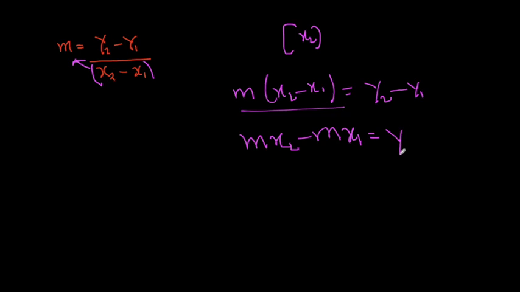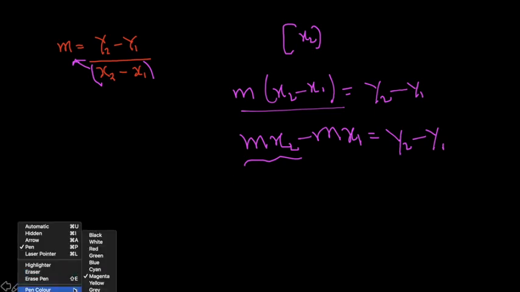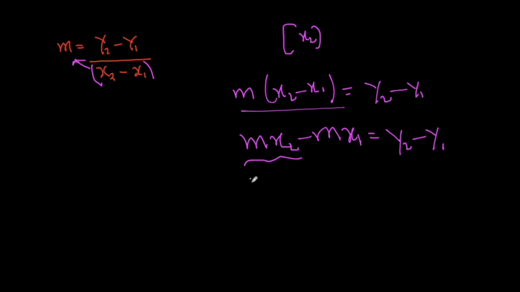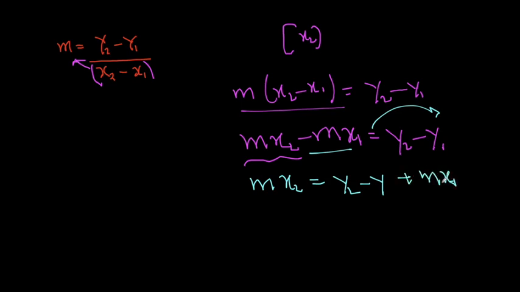So what we want from here is to isolate this term, that is m x2. How can we do that? Let's do that. m x2 is equal to y2 minus y1, and I'm bringing this one to this side, so it will become plus m x1. Now we just have to divide both sides by m so that we get rid of m from here.